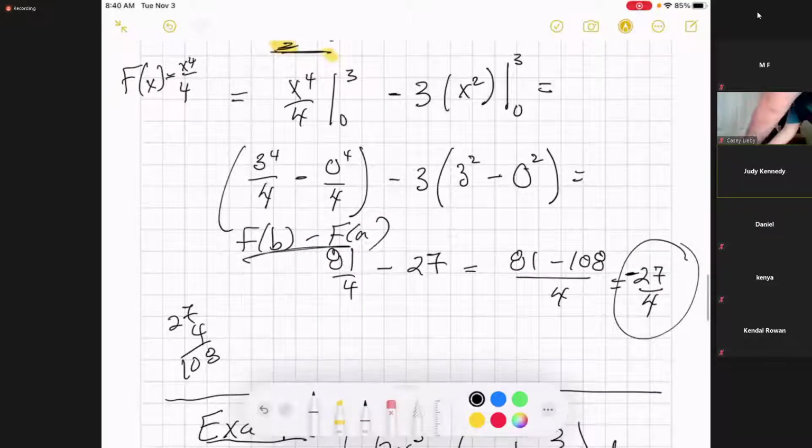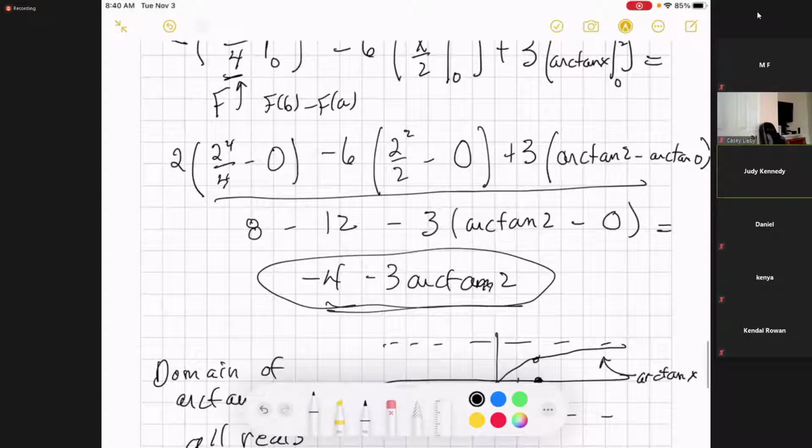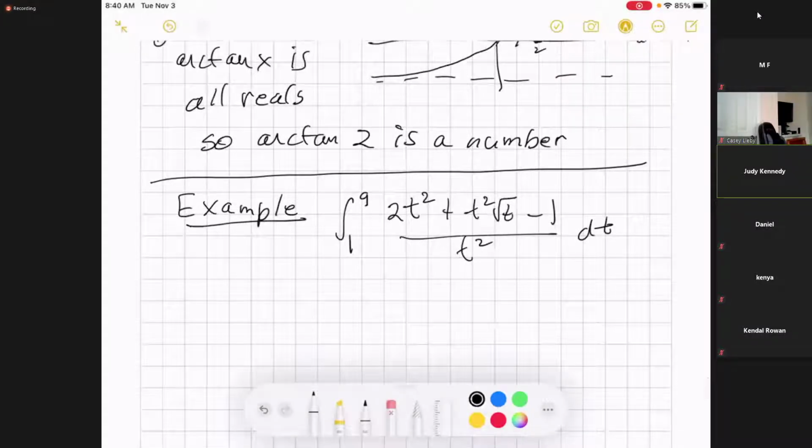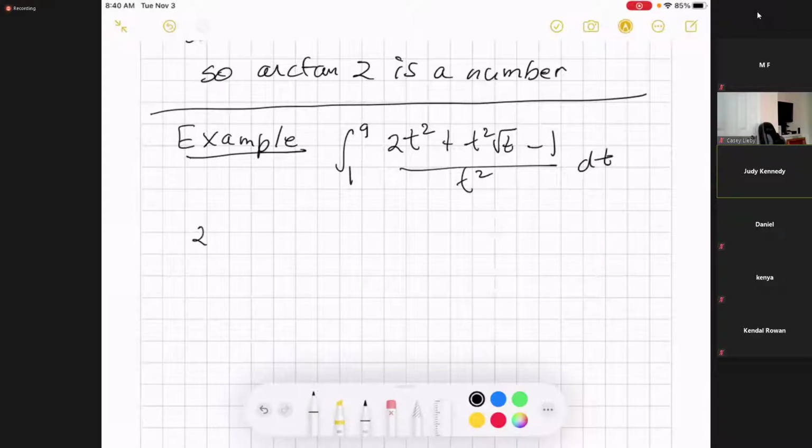Okay, so that means I'm going to try to write the function in another form. Let me just pull it out. I've got 2t squared plus t squared times the square root of t minus 1 over t squared.